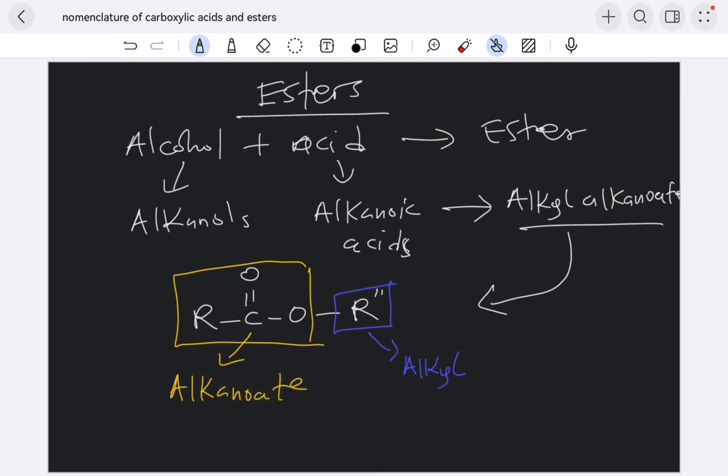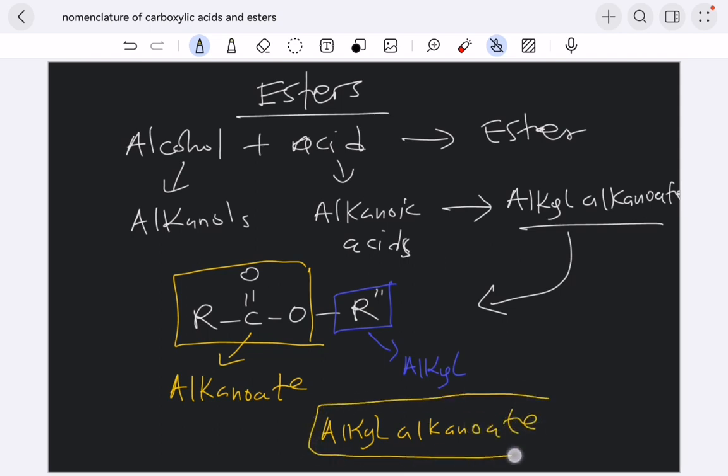So the full name is alkyl alkanoate. When writing the names of esters, we just have to identify which one is an alkyl and which one is an alkanoate. Let's look at examples.